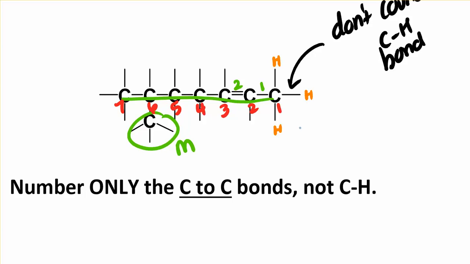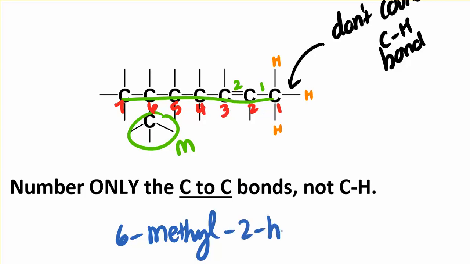So when we put together this name, we're going to start with the branch still. This is a methyl, so it's a 6-methyl. And then the last name, the 7 carbon chain, is the last name. And it has a double bond, so it's heptene, but then I'll say 2-heptene.